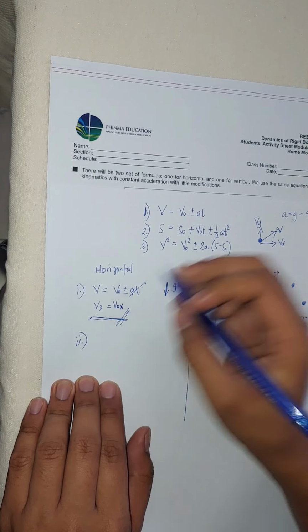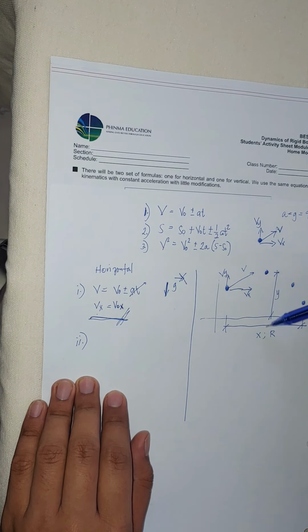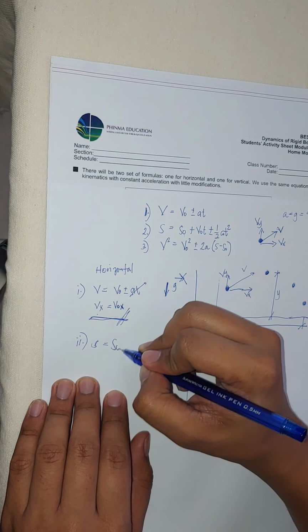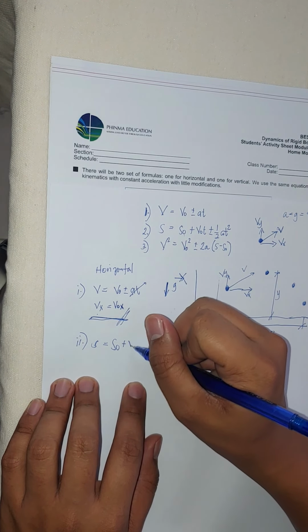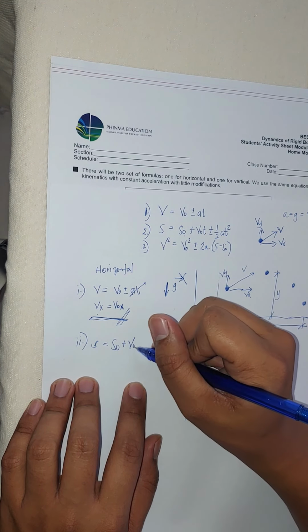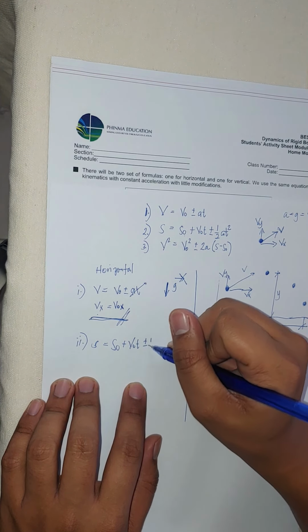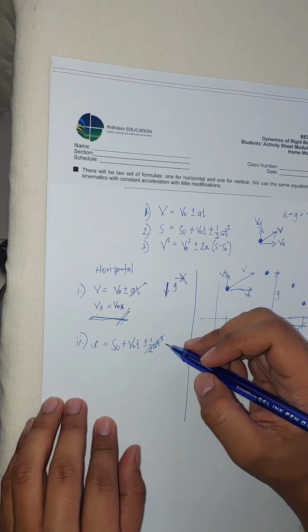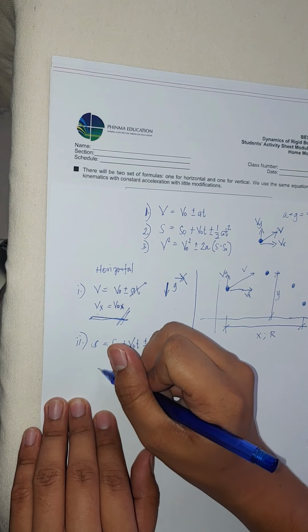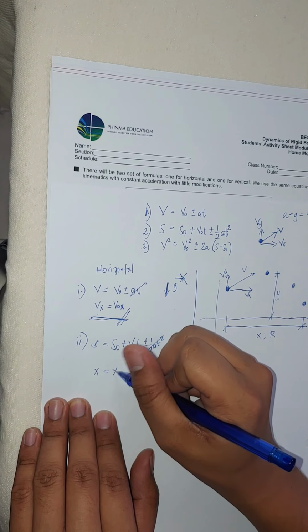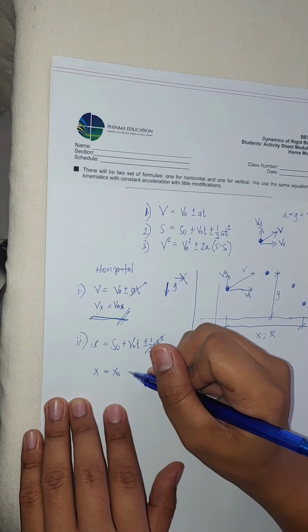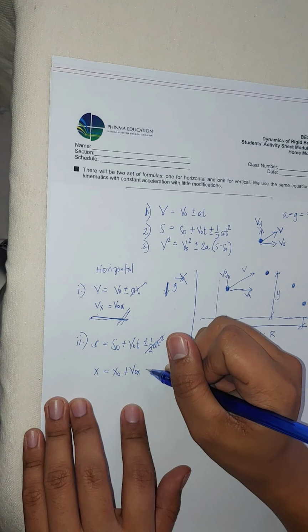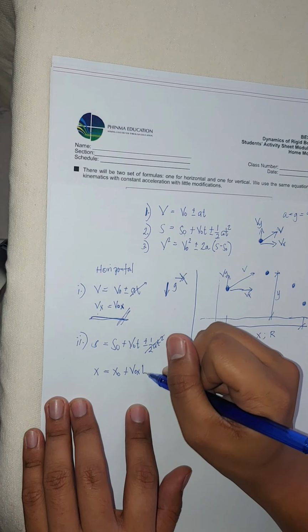It doesn't change through time. Okay? So the second equation, we have this s. Instead of s, we use the x. So s, the final position, is equal to the initial position plus the initial velocity times time plus or minus 1/2 a t squared. Since the acceleration along x is zero, this automatically cancels out. So we have x is equal to the initial position x naught plus Vox, the horizontal component of the initial velocity, times time.